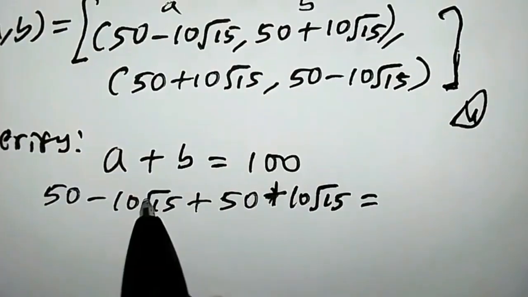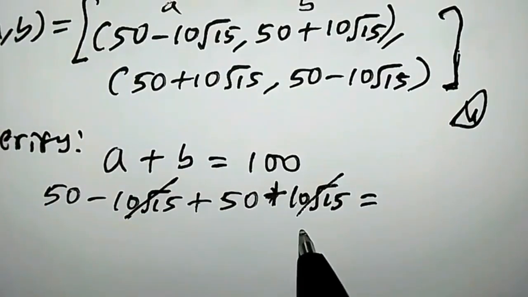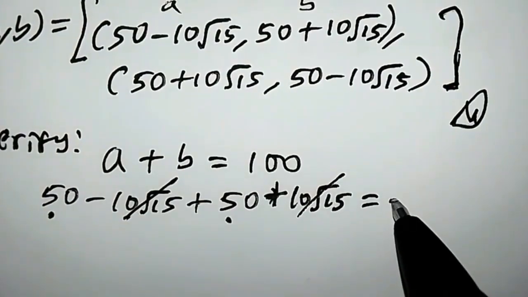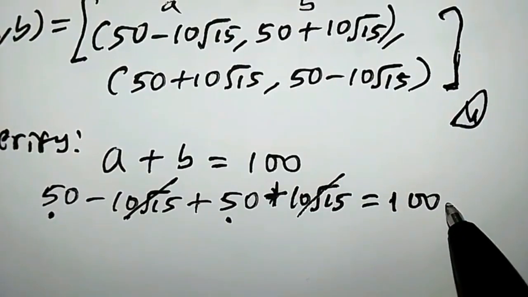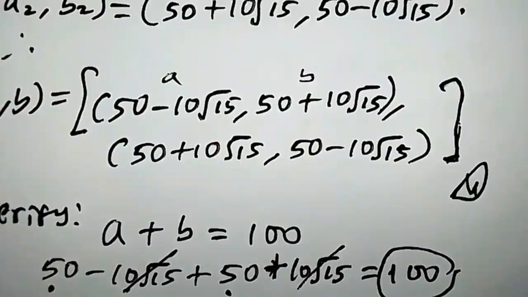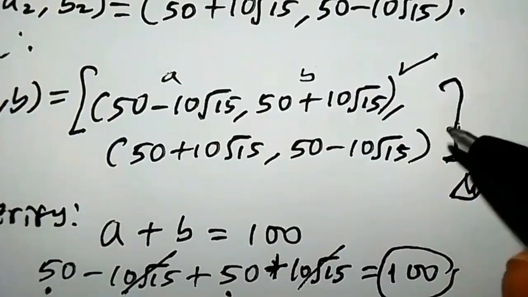This is equal to: minus 10 root 15 cancels plus 10 root 15. We are left with 50 plus 50, which is just 100. This is exactly what we have on the right hand side of this equation. So indeed, the first solution is correct.